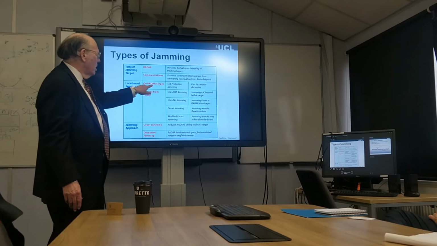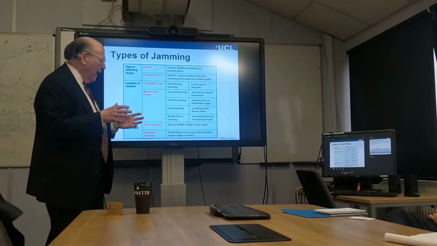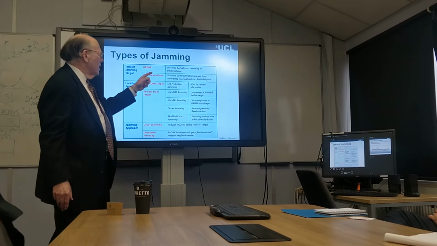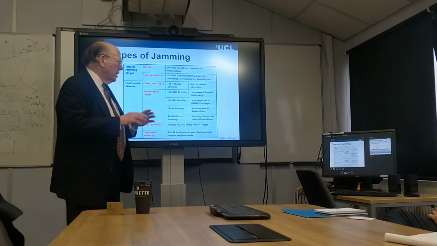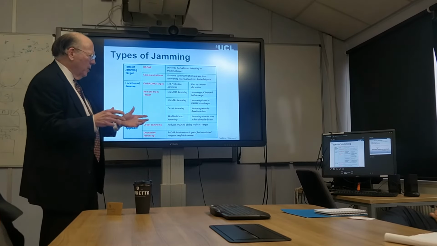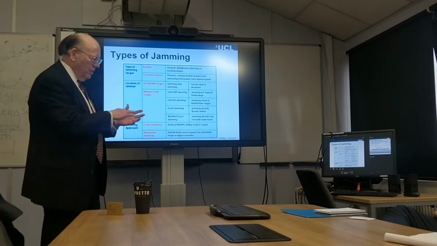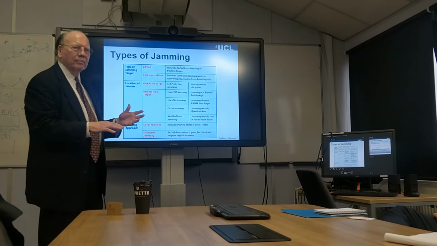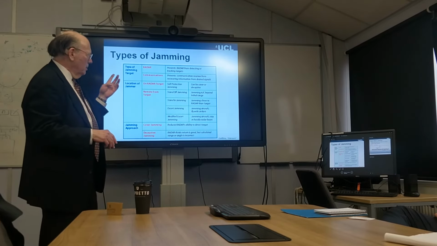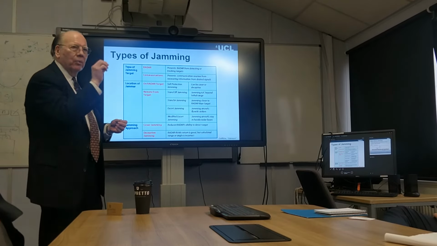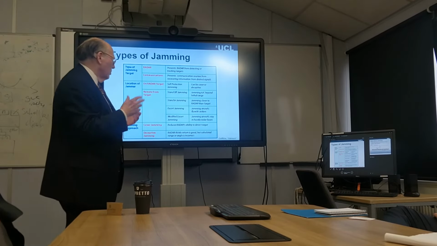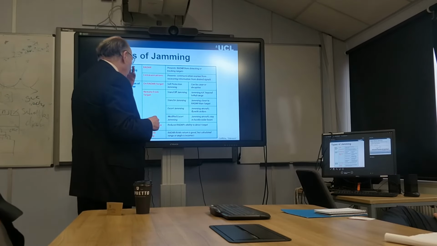It could be on the radar target. If the target has its own jammers, that's called self-protection jamming. And it can be either cover jamming, which I'll show you a picture of later, where you just wipe out the radar, or deceptive jamming, where I'm introducing false targets on the radar screen or radar sensor.